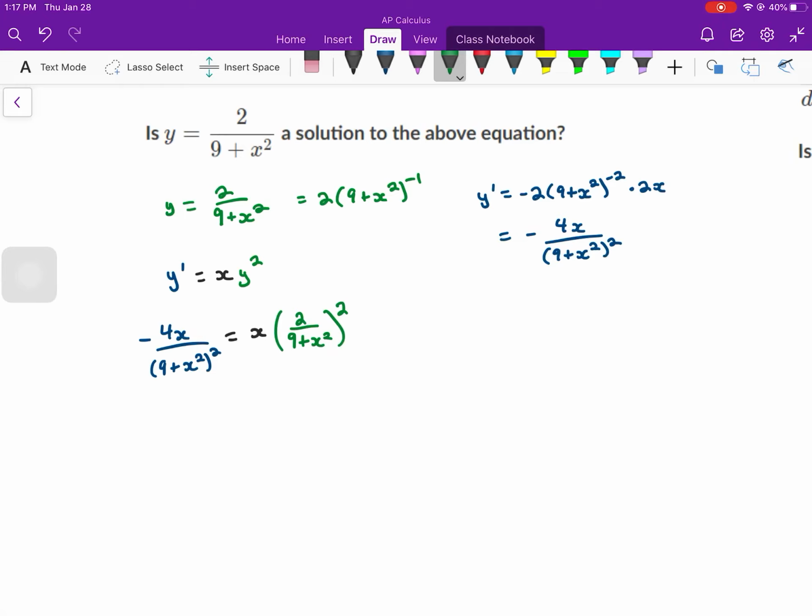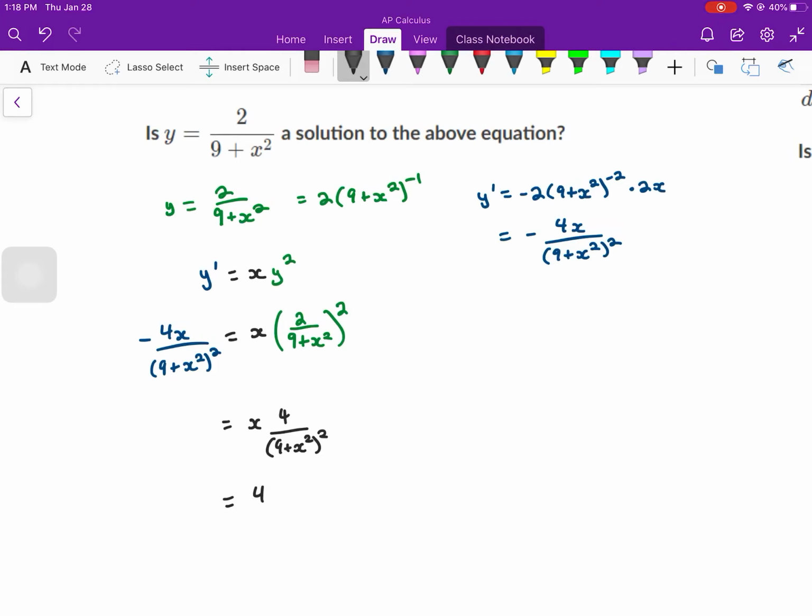I think where we're going to have the issue is the negative, because if we square everything here on the right side, 2 squared is 4 over 9 plus x squared squared.